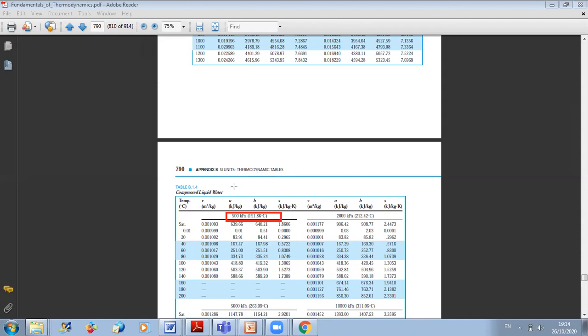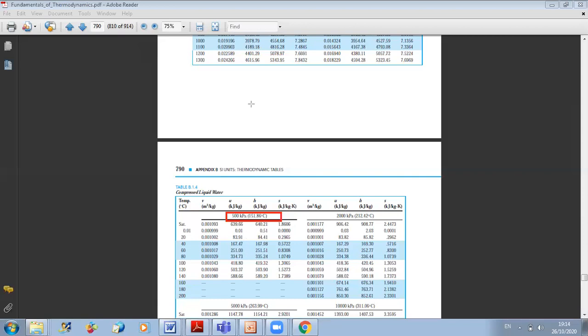As I told you, the compressed liquid tables are given above a certain pressure, where the compression effect would really affect the values of enthalpy, energy, etc. But below these pressures, we can treat the properties as very close to the saturated liquid, so no need to use the compressed tables. Okay, is this clear?